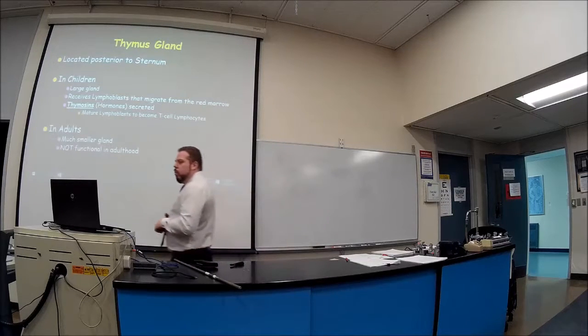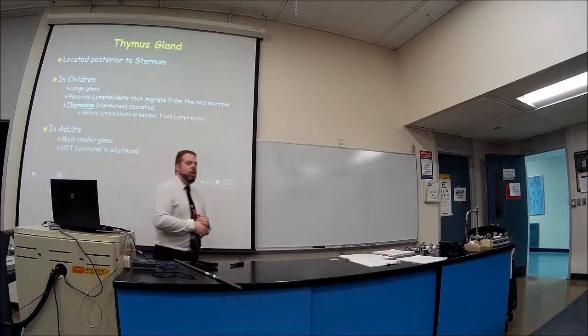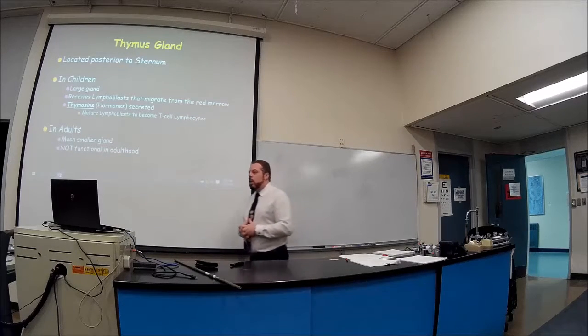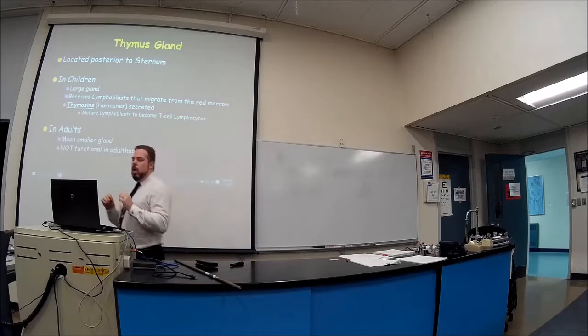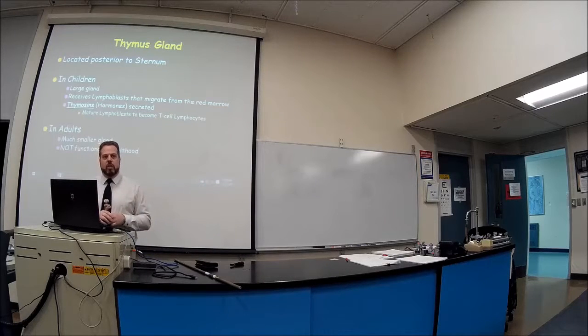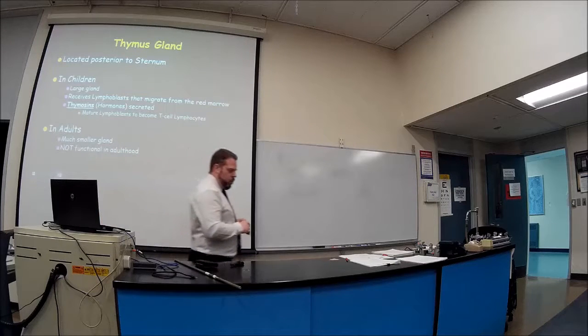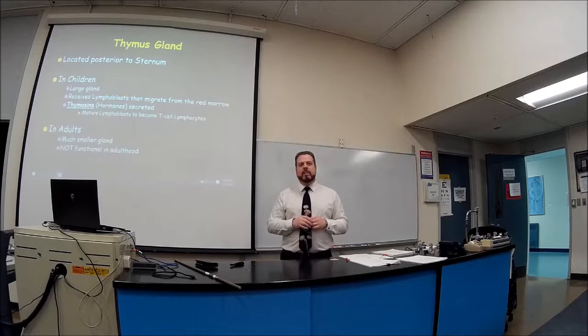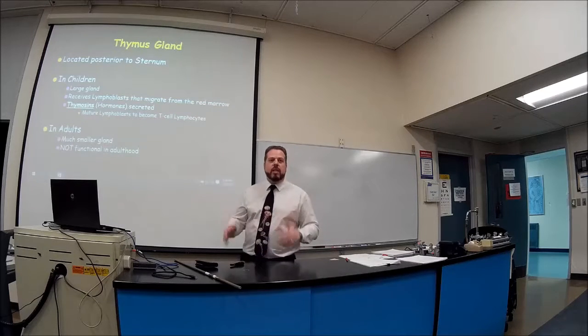In children, what it does is it releases a hormone, or many hormones called thymosins. And thymosins are hormones that are going to mature a certain white blood cell. Okay? These white blood cells are lymphocytes, and they become what we call T lymphocytes, T cell lymphocytes.